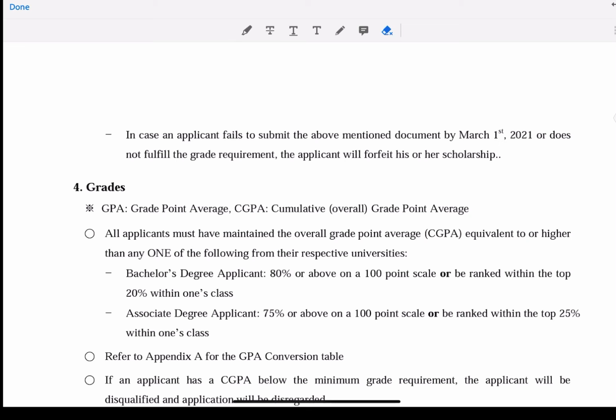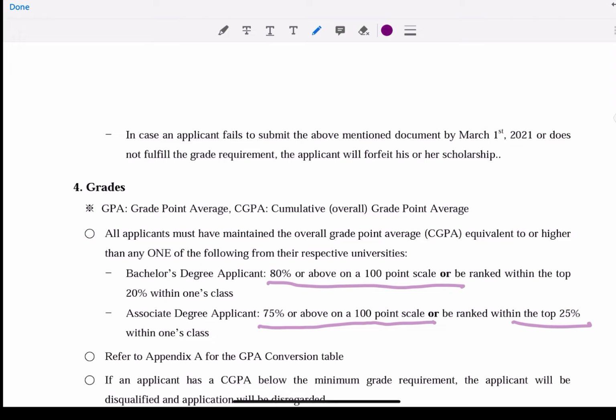So for the GPA, if in your school there is the percentage system, you must have 80% or above. And yeah, for the associate degree applicant, 75% or above on a 100-point scale, or be ranked top 25% in the class. And for bachelor degree applicant, 20% within one's class.